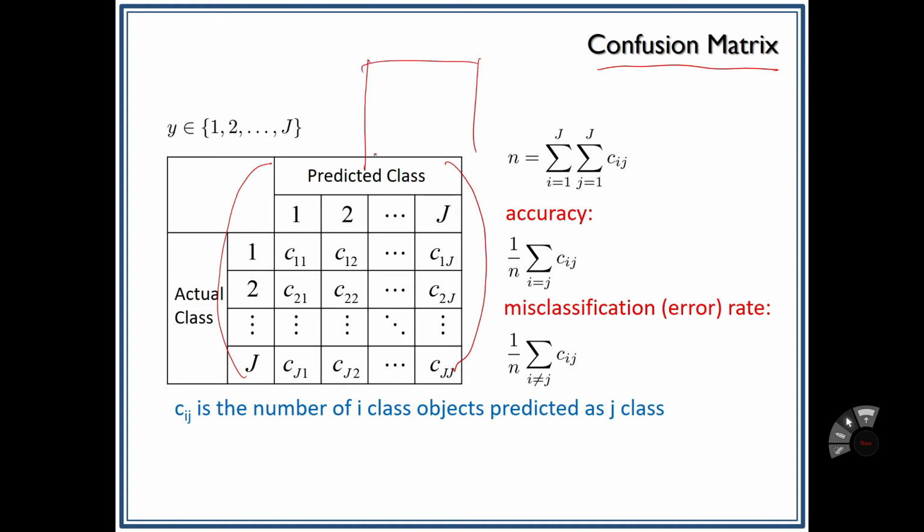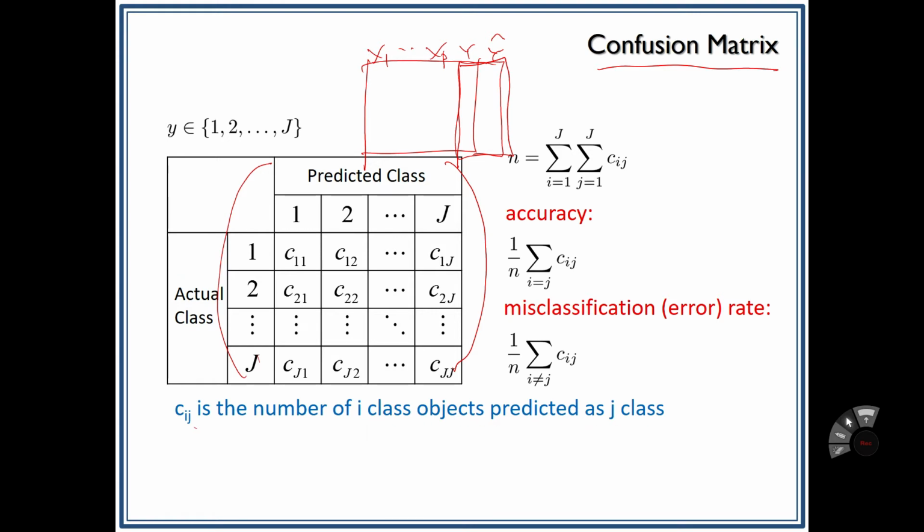We have a data set with multiple independent variables and a class variable. After training, we can get a predicted class, y hat. By comparing these two columns, we can make this confusion matrix where C sub ij is the number of class i objects predicted as class j.